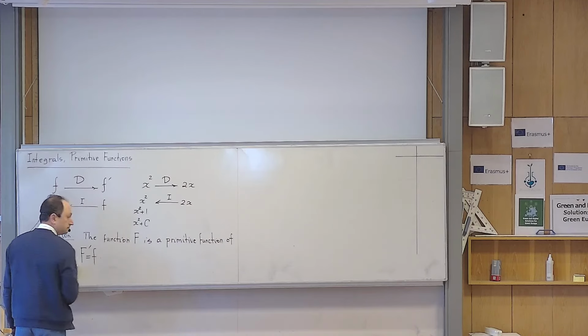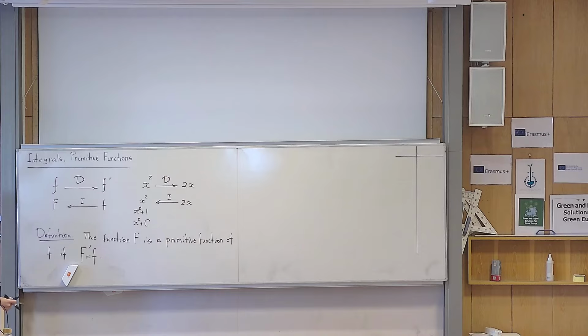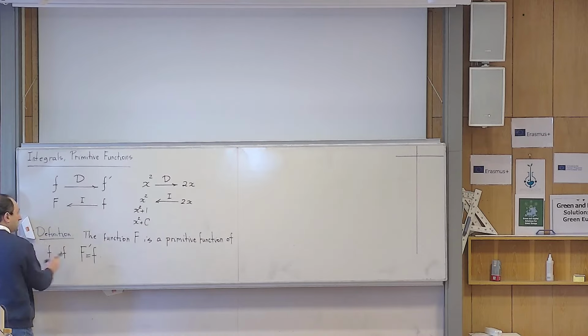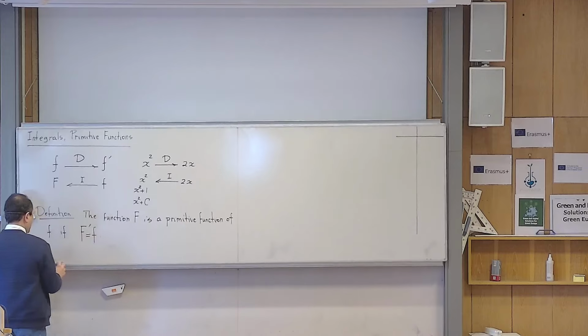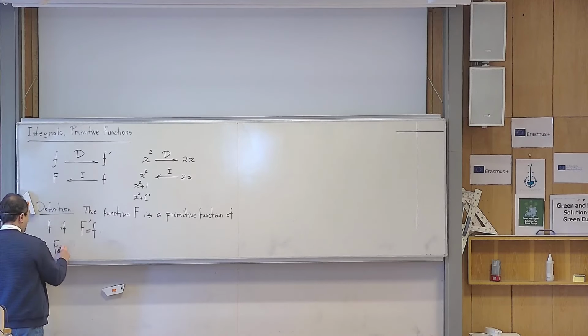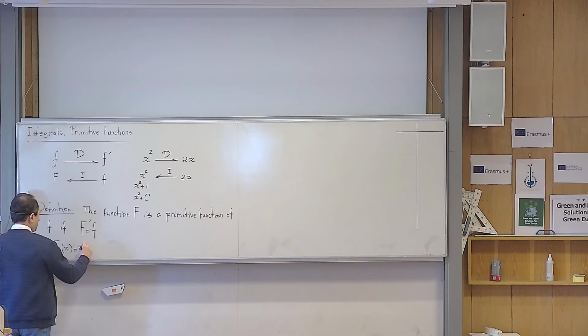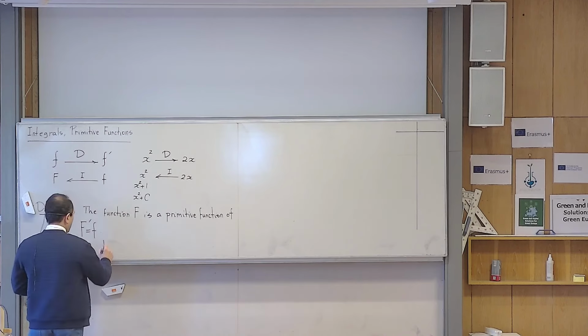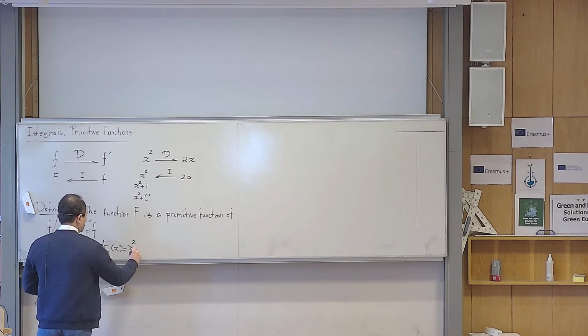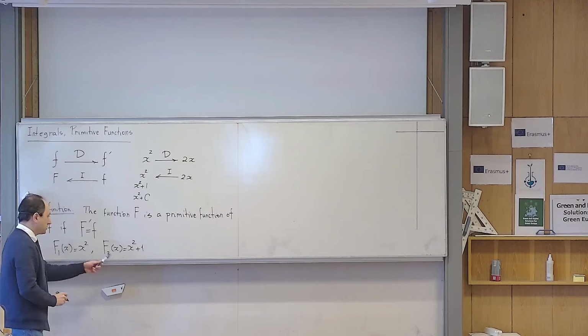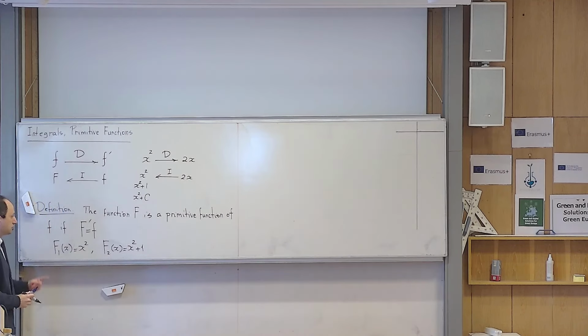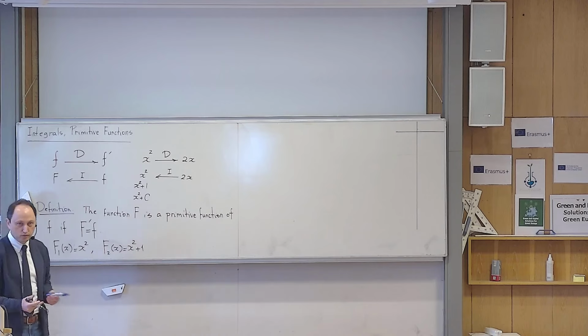Small f. Okay, for example, as I told you here, if I write capital F1 of x to be x squared, and if I give you capital F2 of x equals x squared plus 1, these two functions are both primitive functions of the same function little f of x equals 2x.